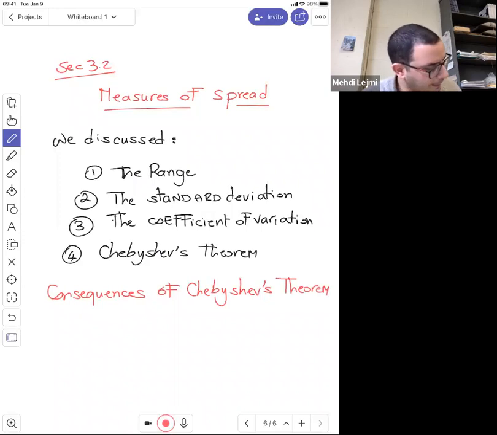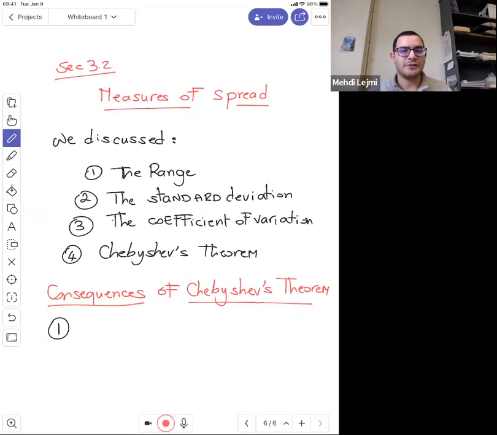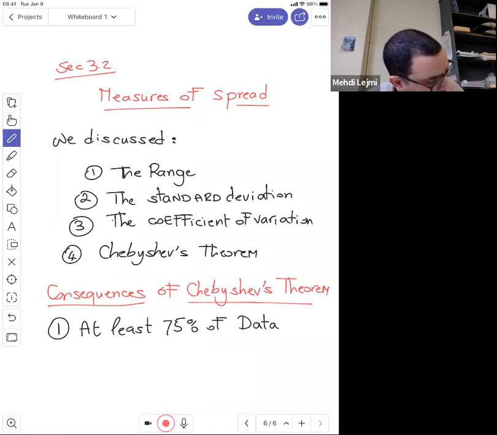From Chebyshev's theorem, we know that at least 75% of your data values fall in the interval x bar minus 2s to x bar plus 2s, where s is the standard deviation and x bar is the mean.